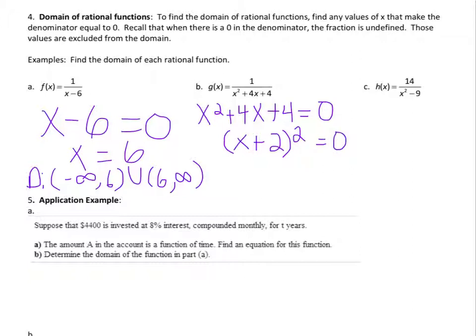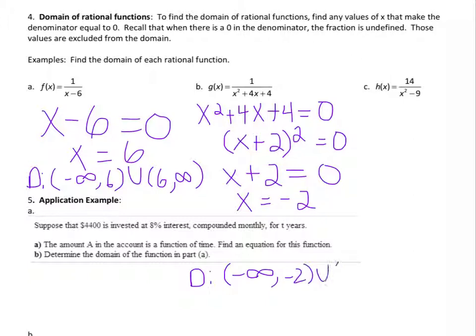And after you factor it, you can just take the inside the parenthesis part and set that equal to 0. And you see we get x equals -2. So I'm going to write it down here. The domain then would be -infinity to -2, union -2 to infinity.